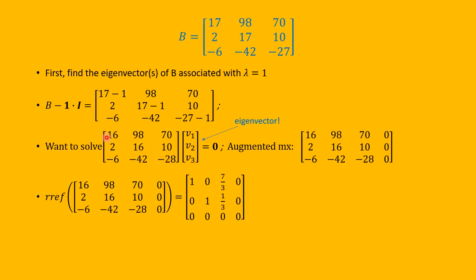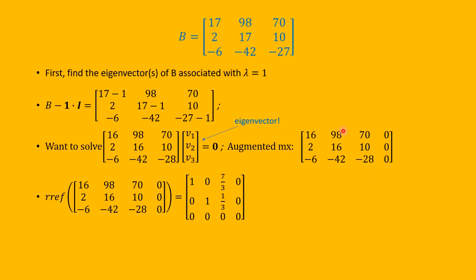So what we want to do is solve B minus 1 times I, which is this matrix, times a vector equals the zero vector. The augmented matrix for this system of equations from this matrix and vector equation is this.